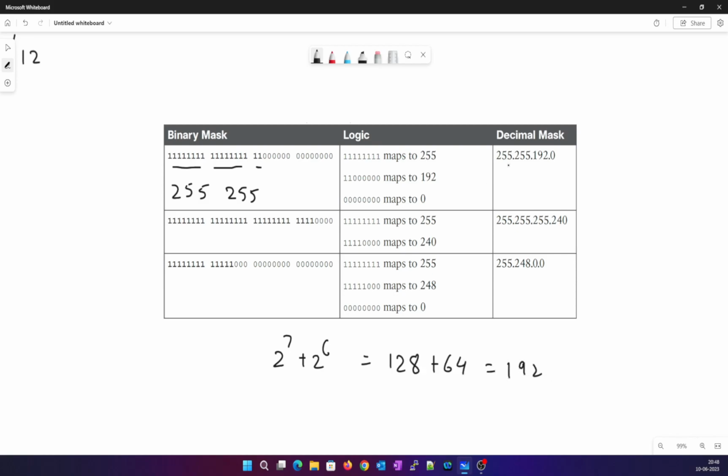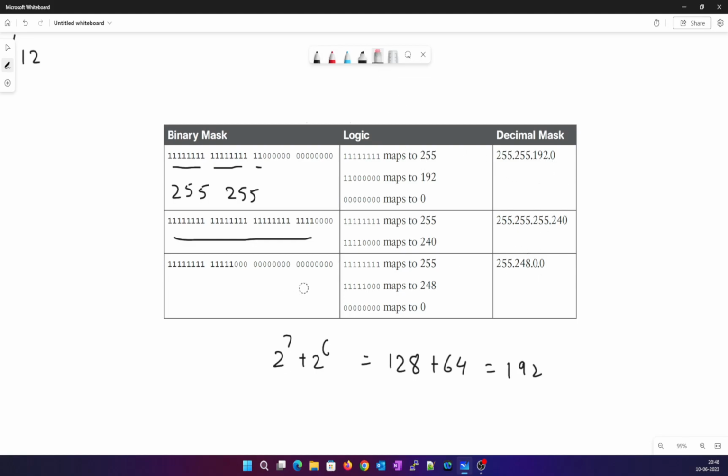Hence the address mask of the IP address being used here would be 255.255.192.0. Similarly, you can see all these binary forms converted to their decimal format.